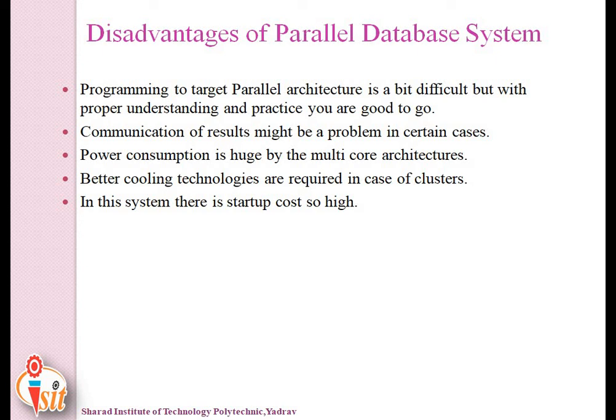After that, we saw advantages and disadvantages of centralized database. After that, we saw the parallel database, which is used to improve performance and efficiency. Next, advantages and disadvantages of parallel database system.